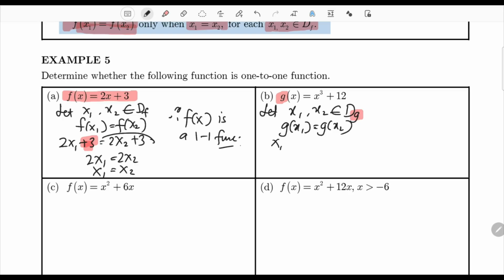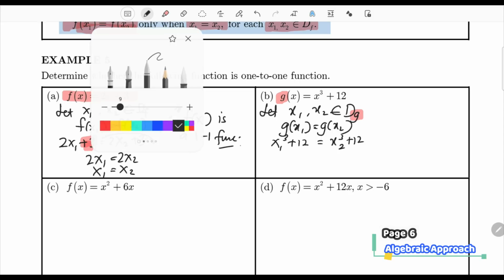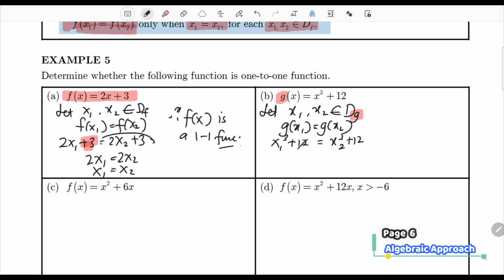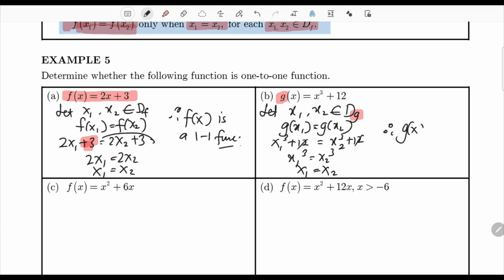So x1 cubed plus 12 equals x2 cubed plus 12. We can eliminate the 12 here. So we're left with x1 cubed equals x2 cubed. This cube, bring it to the right side, becomes the cube root. So we get x1 equals x2. So again, g(x) is a one-to-one function.